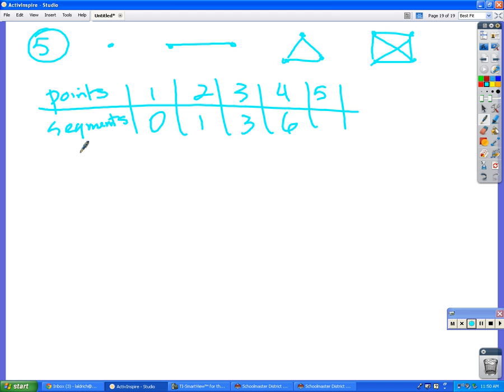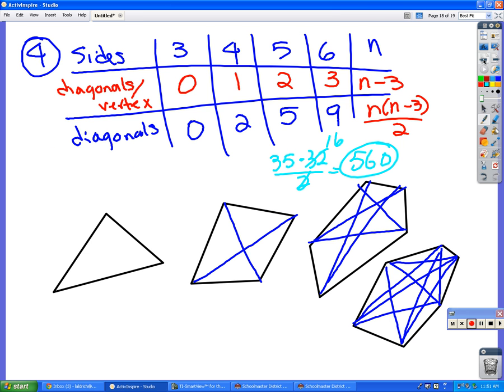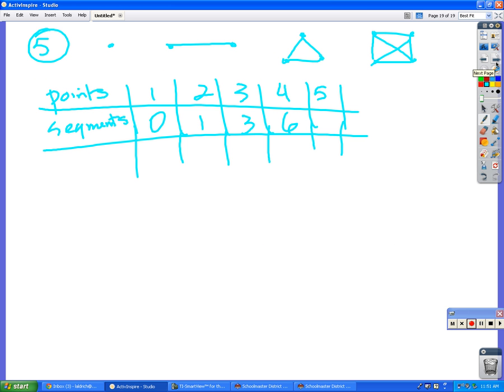What extra row can I add in here to help me figure out the pattern? In the last one we did diagonals per vertex. So how can we do something similar to that with this? Good.